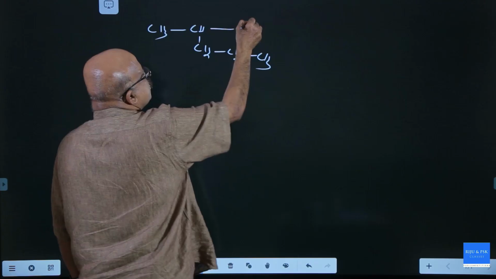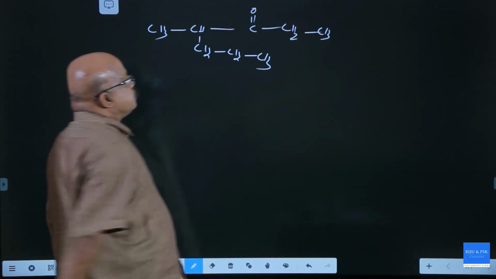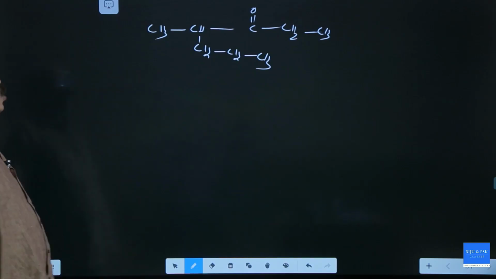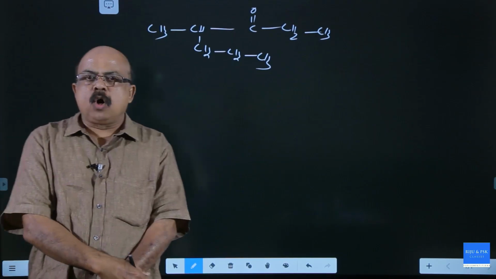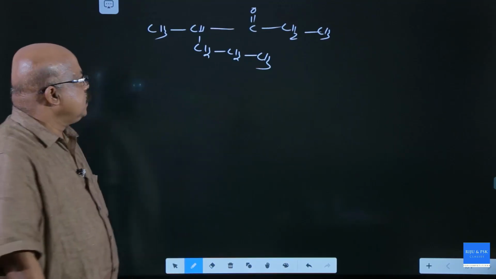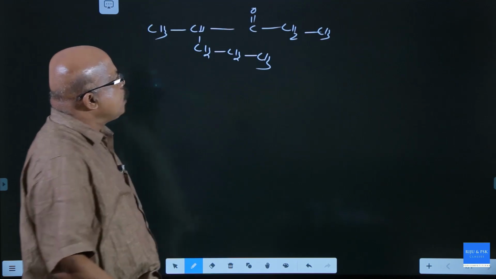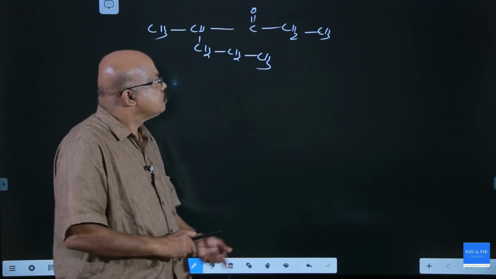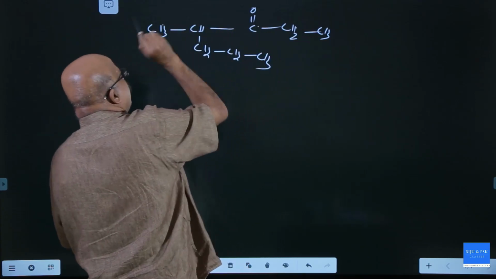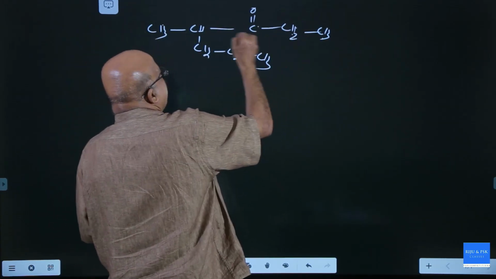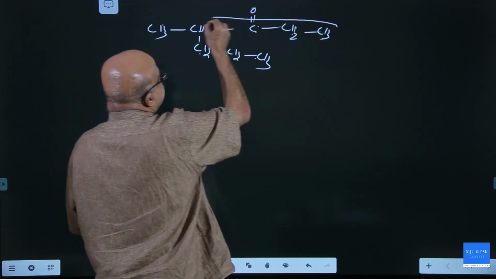This is a CO group containing molecule. CO group is called keto group. Identify the longest possible carbon chain. Here it is 1, 2, 3, 4, 5, 6, 7. This is the parent chain.